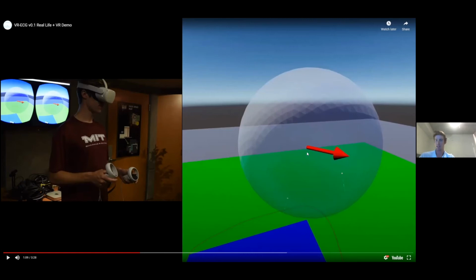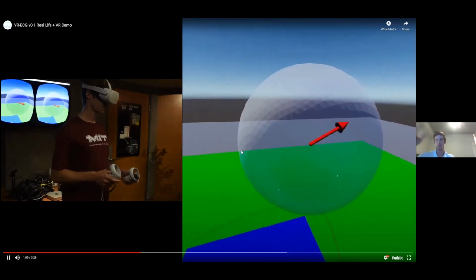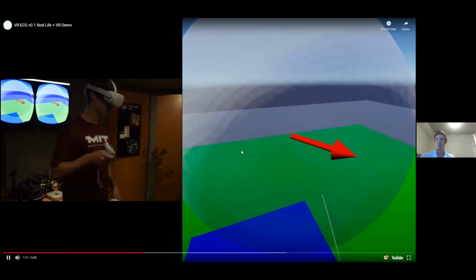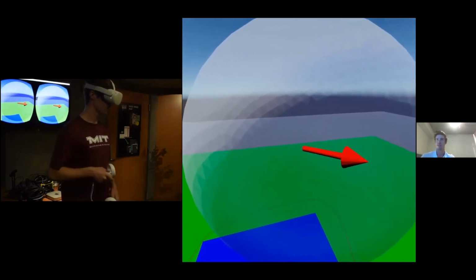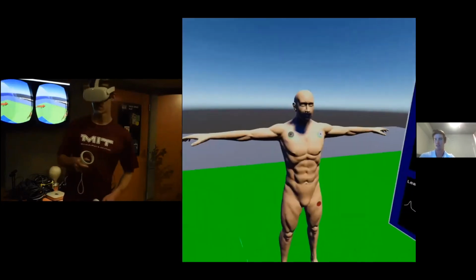And this vector here represents the depolarization vector, like we talked about, which is just the way the electrical activity in the heart is moving. So looking at these different data sets, we can see how this electrical activity is moving in the heart and get a better sense of that as we're performing the EKG. So this is a pretty cool feature of the simulation.